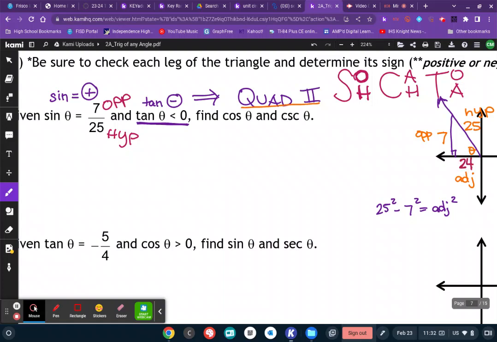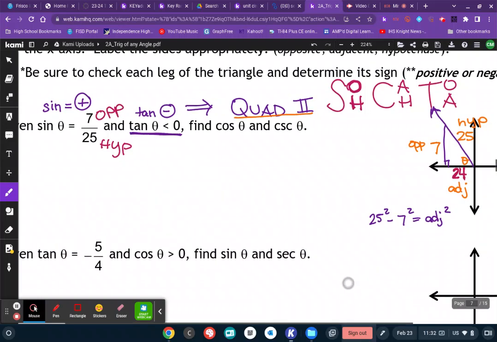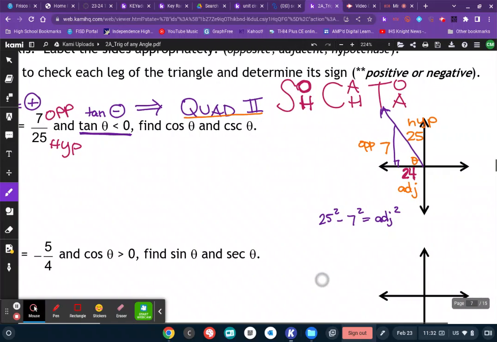Okay, now here is where I'm going to kind of interrupt our flow. So far, so good. It's been little bits of information and they've all made sense. Right now, I have to get you to recognize that adjacent length, the length is 24, no matter which way you look at it. However, it's located in quadrant 2.